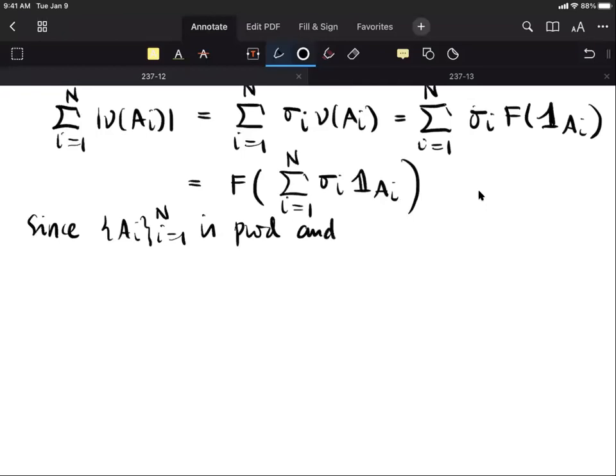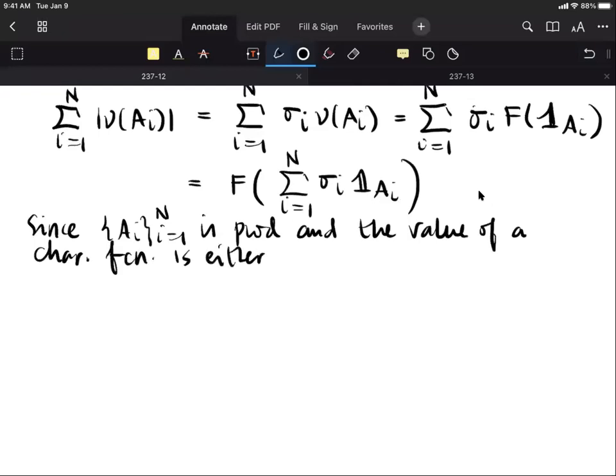And the value of a characteristic function is either 0 or 1. So the power of these two raised to p is also either 0 or 1.